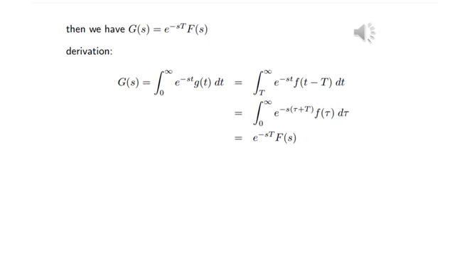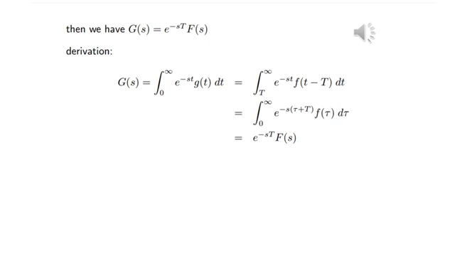So g of s is equal to the integration from 0 to infinity of e raised to the power minus st times g of t dt. That will be translated into the integration from capital T to infinity of e raised to the power minus st times f of t minus capital T, where f of t minus capital T is equivalent to g of t.